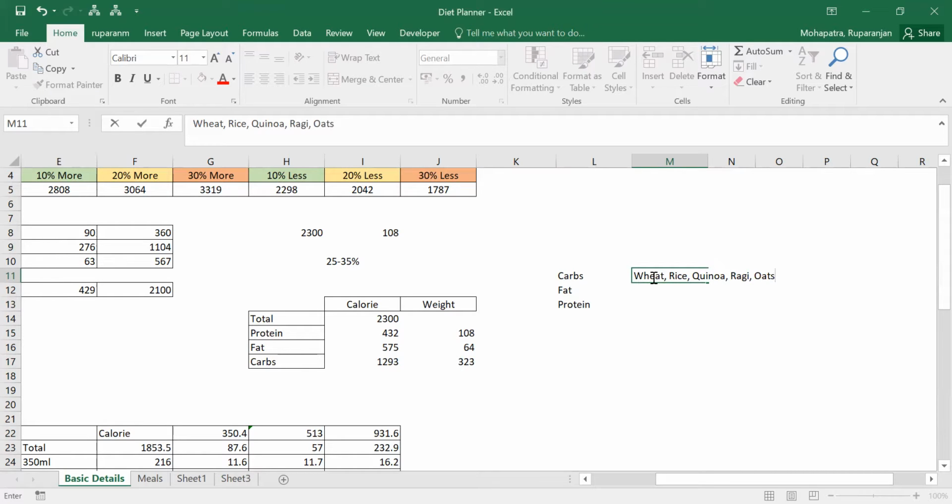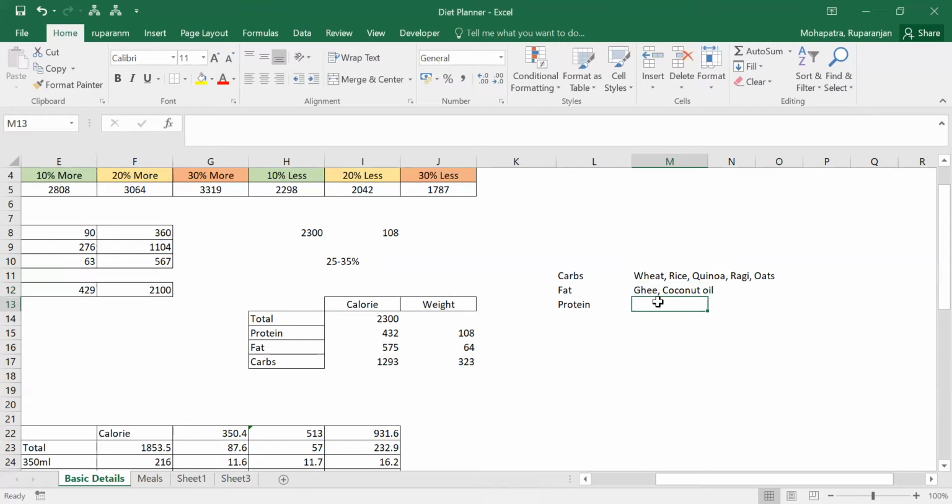There are so many options. For fat, we can take it from oil, like ghee or coconut oil. Then we have olive oil, but that is very expensive in India, so it is mainly used for preparing curries or for garnishing.